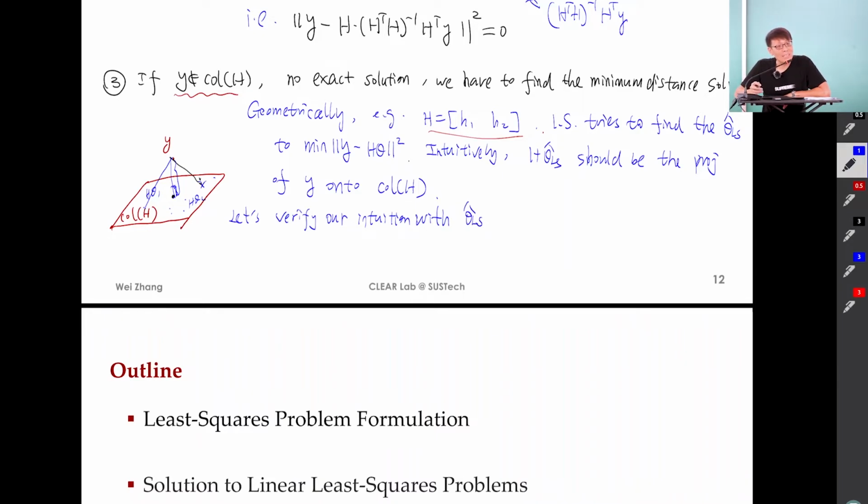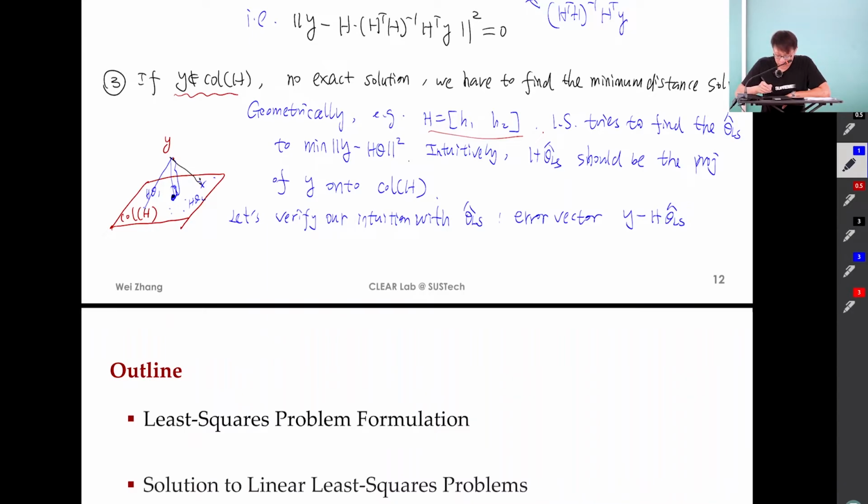The error has to be perpendicular or orthogonal to the plane, right? So the error vector, which is y minus H theta hat least square. This is our solution, right? That solution has to be this point.